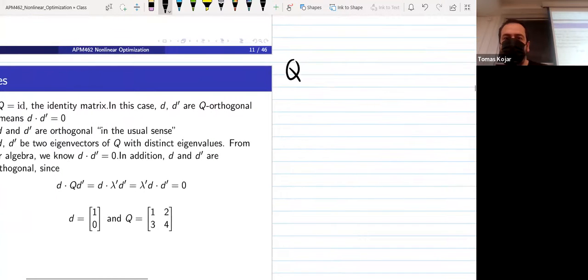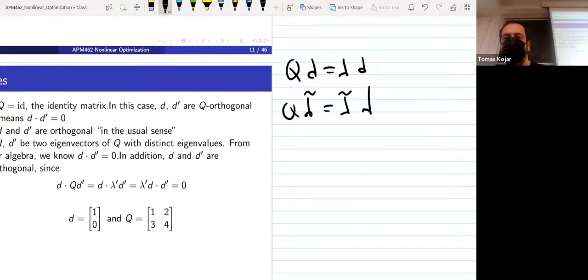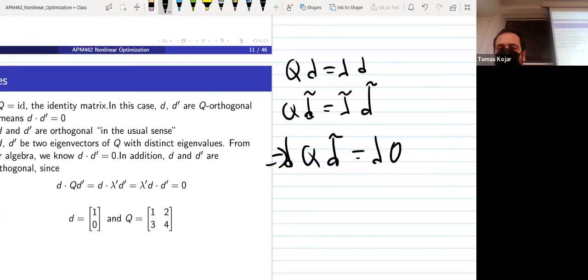So suppose Qd is lambda d, and Qd tilde is lambda tilde d tilde. So we have d transpose Q d tilde, and this is d transpose lambda tilde d tilde, so this is lambda tilde d transpose d tilde.